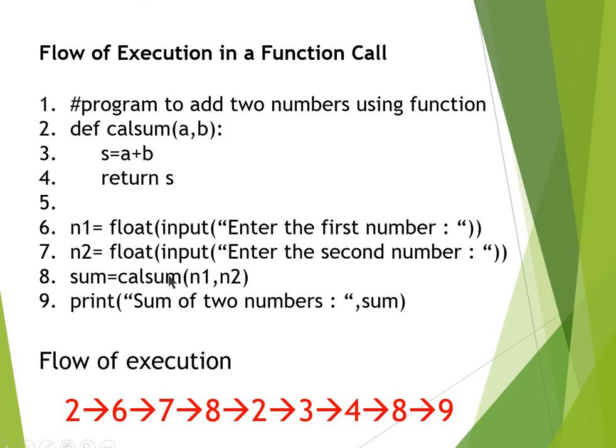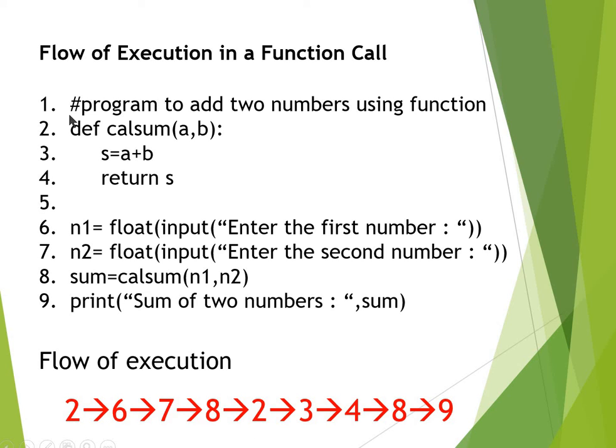Once it comes to 8, the flow of execution goes to line number 2, then line 3, and at line 4 it encounters a return statement. So control jumps back to the calling statement, that is 8, then 9. This is the flow of execution in a function call.